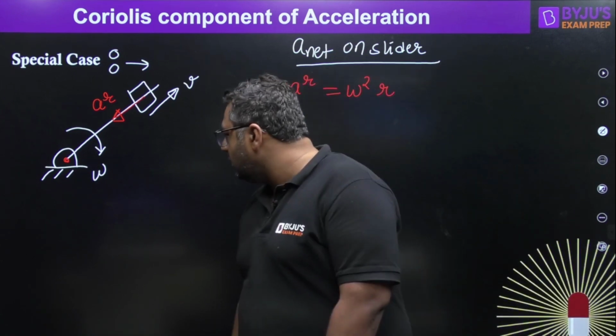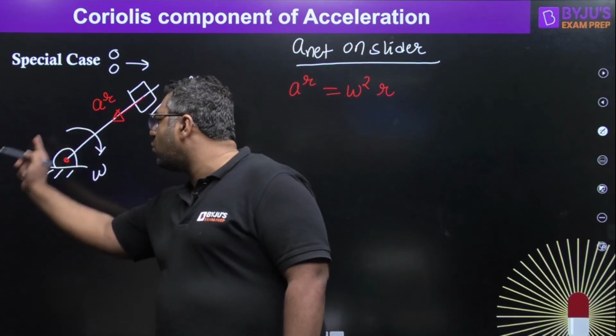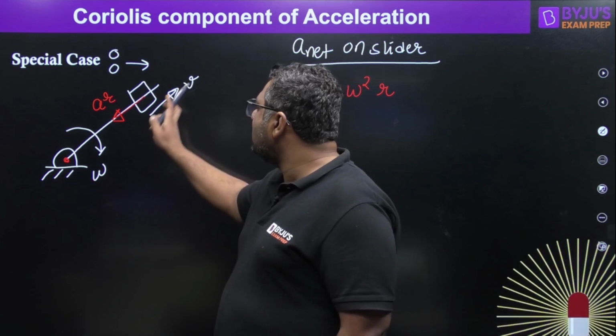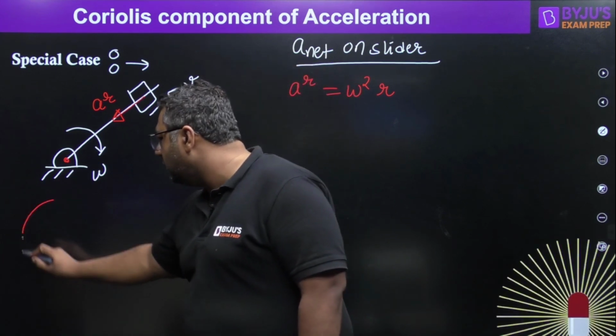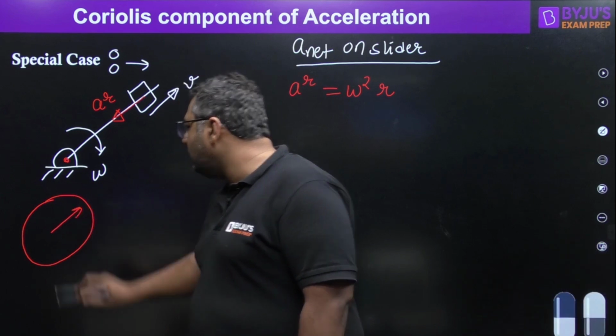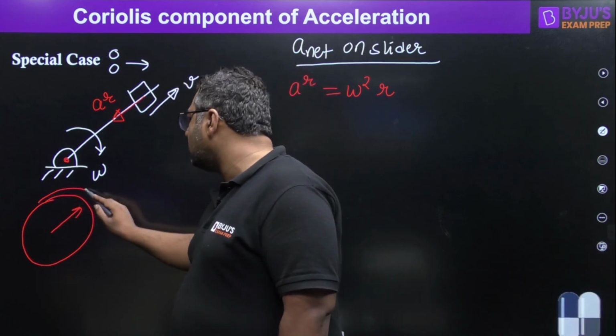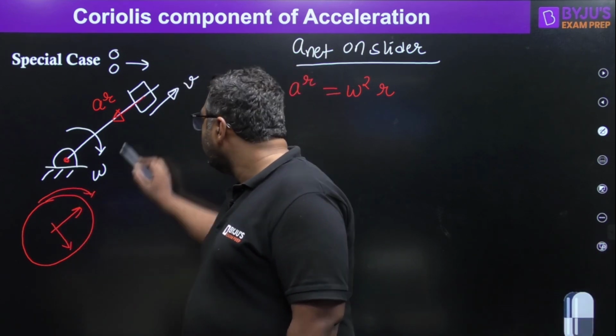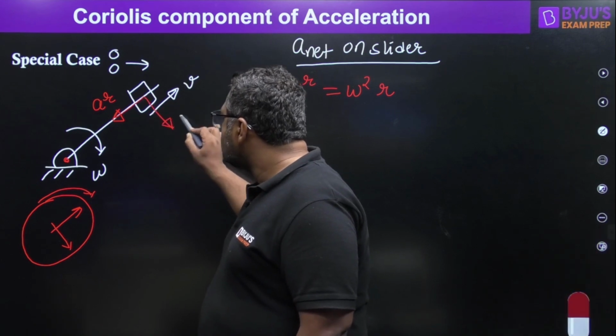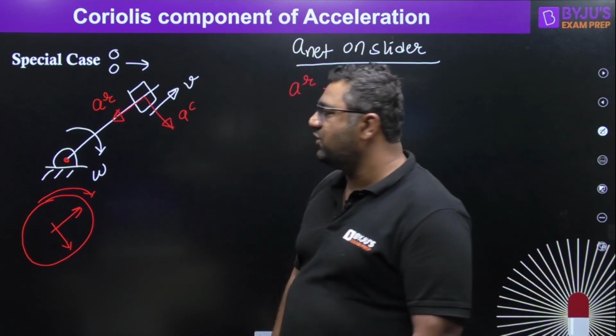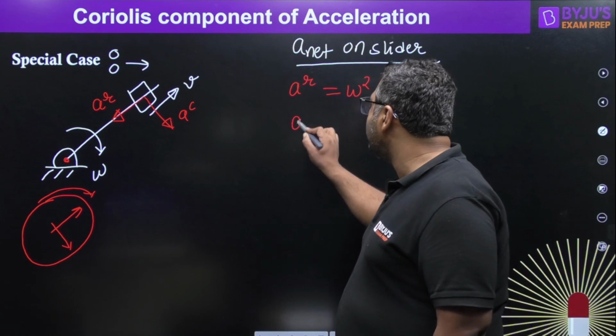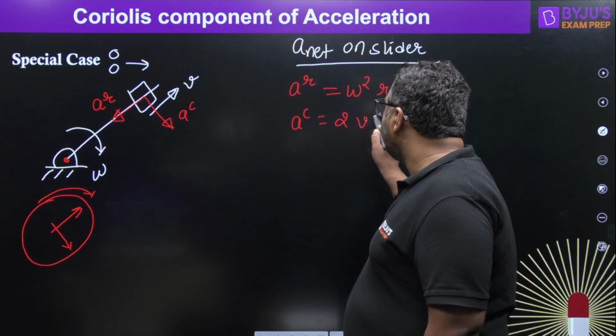And my dear, you know this omega is given as clockwise. So if this velocity vector is rotating clockwise by 90 degrees, it will be coming in this direction. So this is the Coriolis component of acceleration. And you know Coriolis component is given as 2v omega.